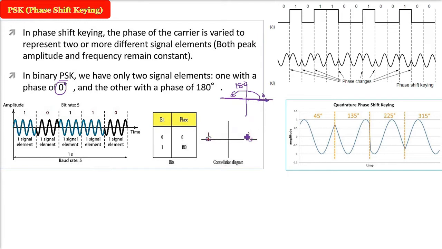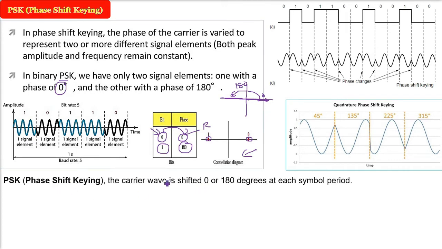So this is a constellation diagram. You'll see it in QAM 16, QAM 64. So bit 0 will have a phase of 0. Whenever the receiver gets a phase of 0, it will say 0. If it gets a carrier wave with phase 180 degrees, it will regard it as 1. So in phase shift keying, the carrier wave is shifted 0 or 180 degrees at each symbol period.